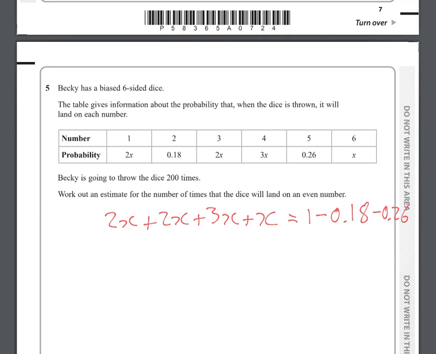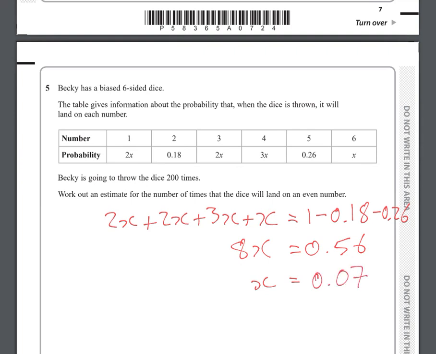So all of that has got to add up to 0.56. This is 4, 5, 6, 7, 8x. 8x is 0.56. So x, 0.56 divided by 8, is 0.07.